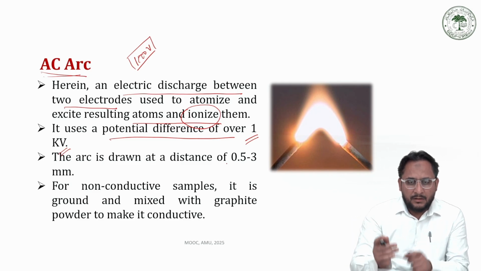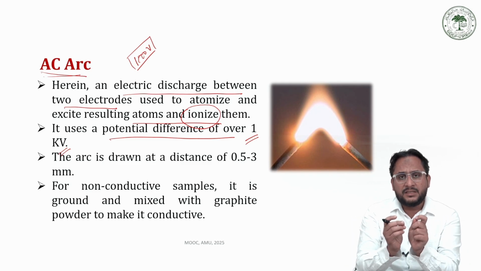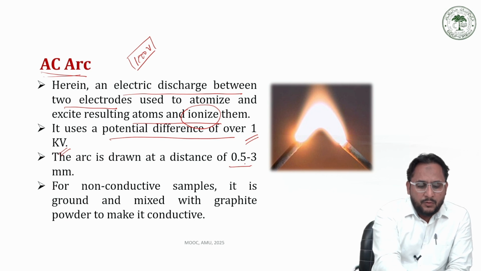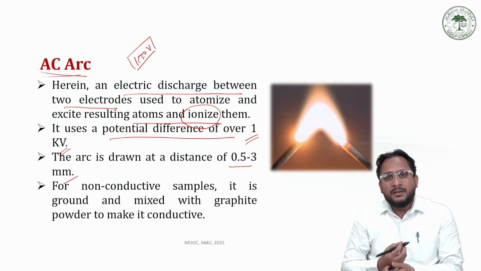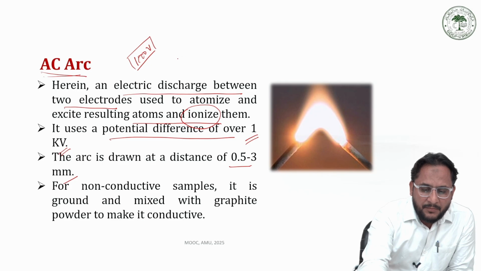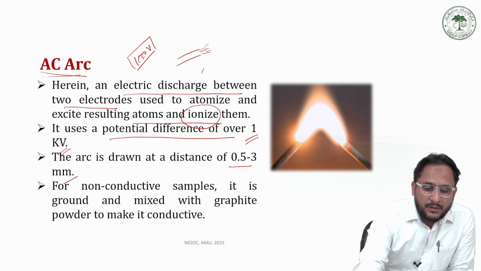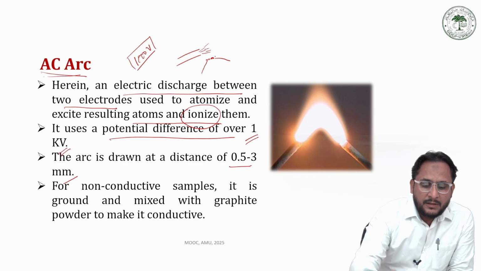And this AC arc is placed at a distance of 0.5 to 3 mm from the sample. For example, if the sample is coming from the nebulizer over here, it is eluted here in the form of an aerosol, and we use two electrodes which create this electric discharge.